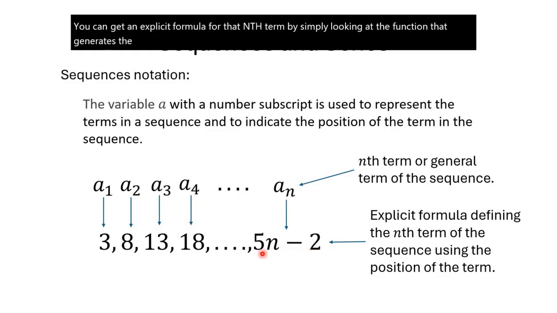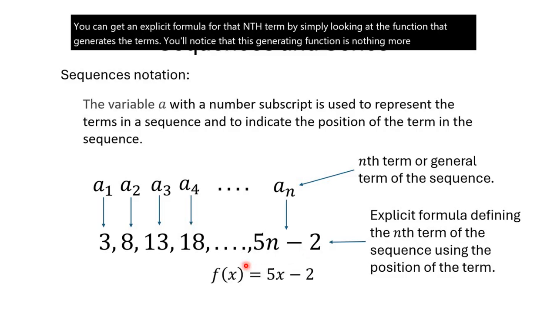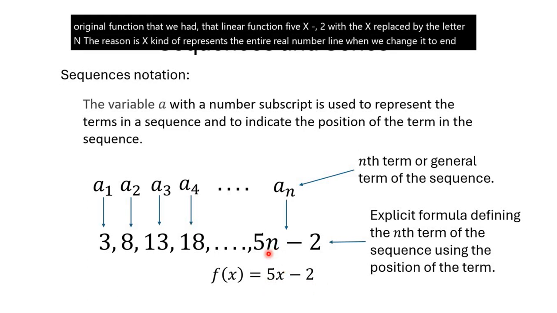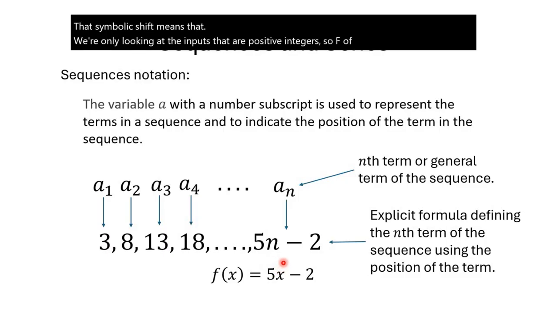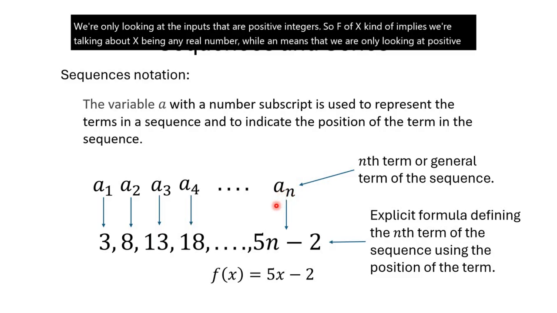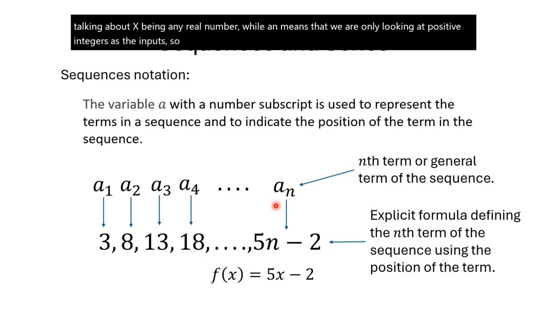You'll notice that this generating function is nothing more than the original function that we had, that linear function 5x minus 2, with the x replaced by the letter n. So f of x implies we're talking about x being any real number, while a sub n means that we are only looking at positive integers as the inputs. So that is the notation of sequences.